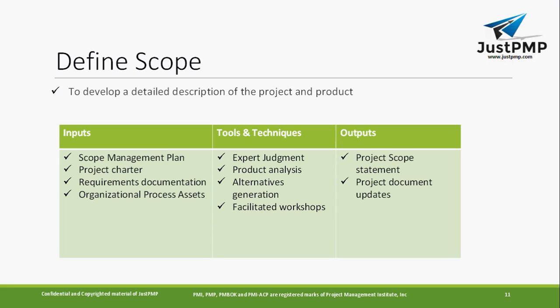So define scope is to develop a detailed description of the project and product. Here, a detailed description of the project and product means you are going to define each and everything on the scope part, that this thing needs to be done.